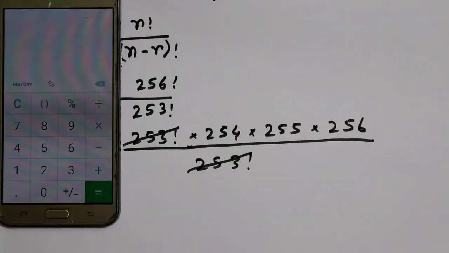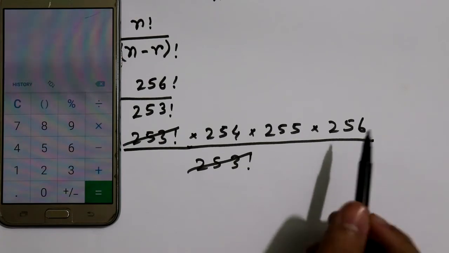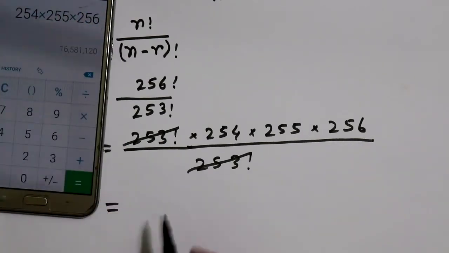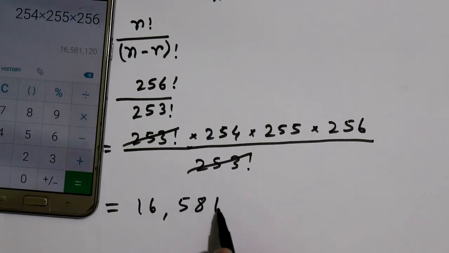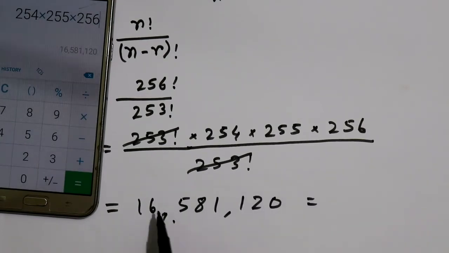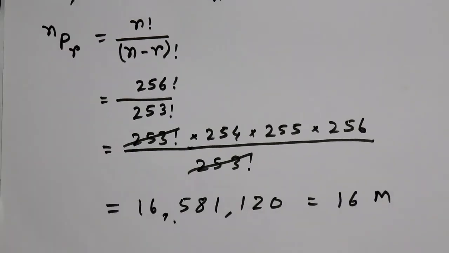Now if we do the multiplication of 254, 255, 256, then we get 16,581,120. So we can say this type of LED can generate 16 million colors. So it is approximately 16 million. It is more than 16 million, but we generally say it is 16 million.